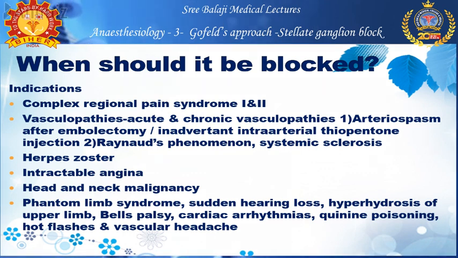Other indications are herpes zoster, intractable angina, head and neck malignancies, phantom limb syndrome, sudden sensory hearing loss, hyperhidrosis of the upper limb, Bell's palsy, cardiac arrhythmias which are stable in nature, quinine poisoning, hot flushes and vascular headache.